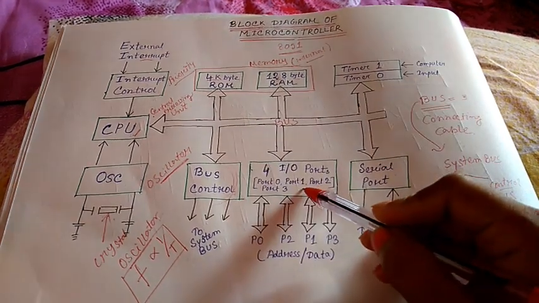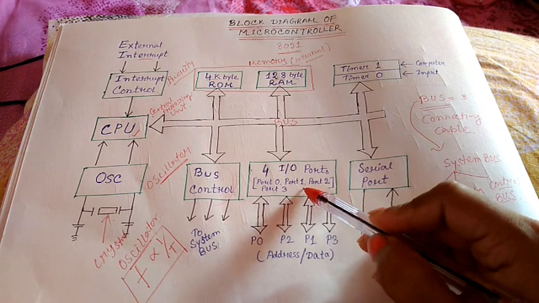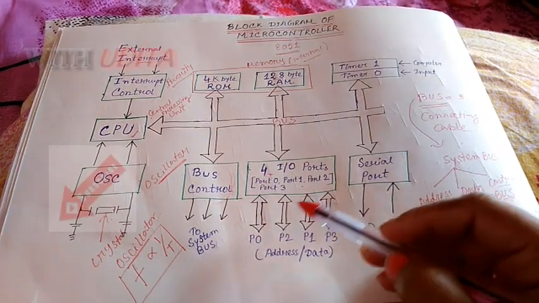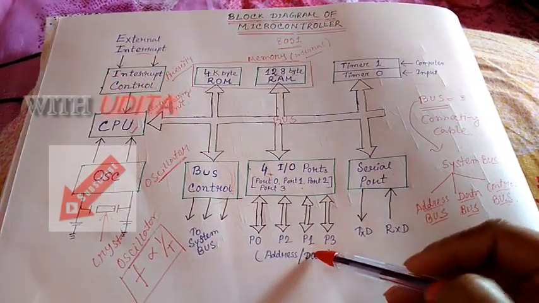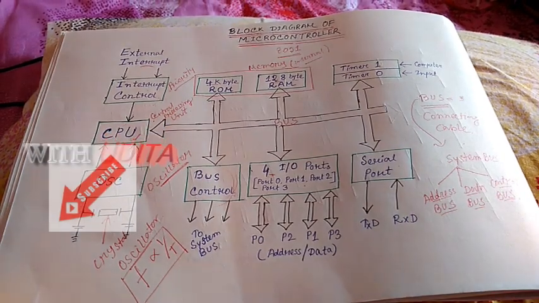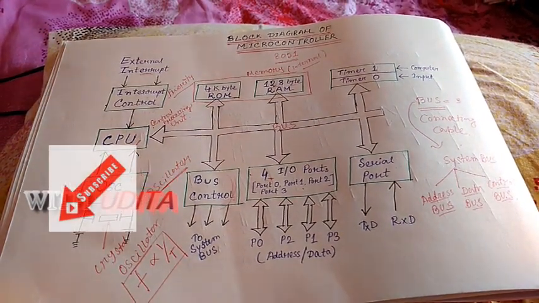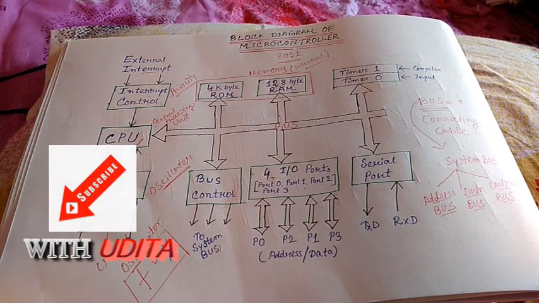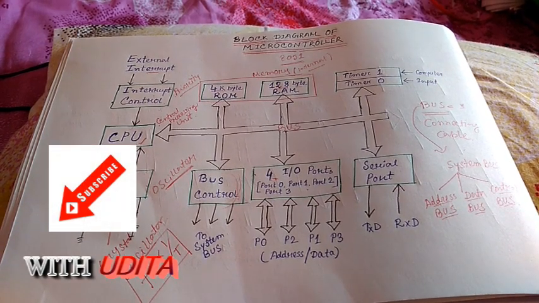And now coming to this part, that is called the input output ports. There are 4 input output ports present here, that is P0, P2, P1, and P3. This sequence must be maintained here.